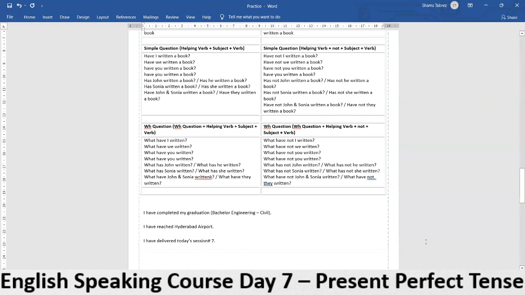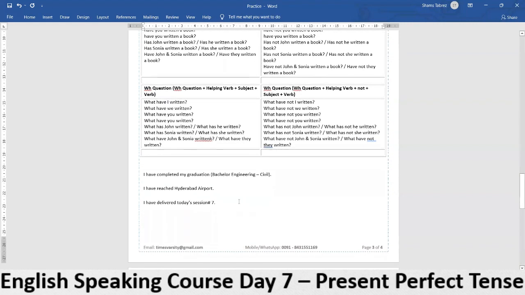And if we take some other examples, so now I'm going to take the example, so I want to say about Sabi. So what I will say, Sabi has completed his graduation. Maybe whatever, bachelor of engineering.